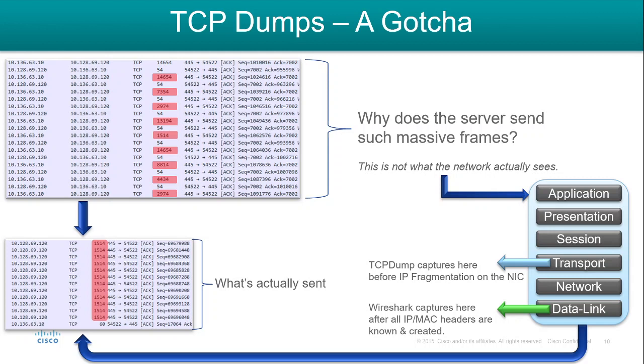The other thing that we see is some of the packets are way too small. Here, the acknowledgement packets are only 54 bytes, and we know that the absolute minimum size is 64 bytes. Well, what exactly is going on here? What you're seeing is a result of where the TCP dump is capturing data.